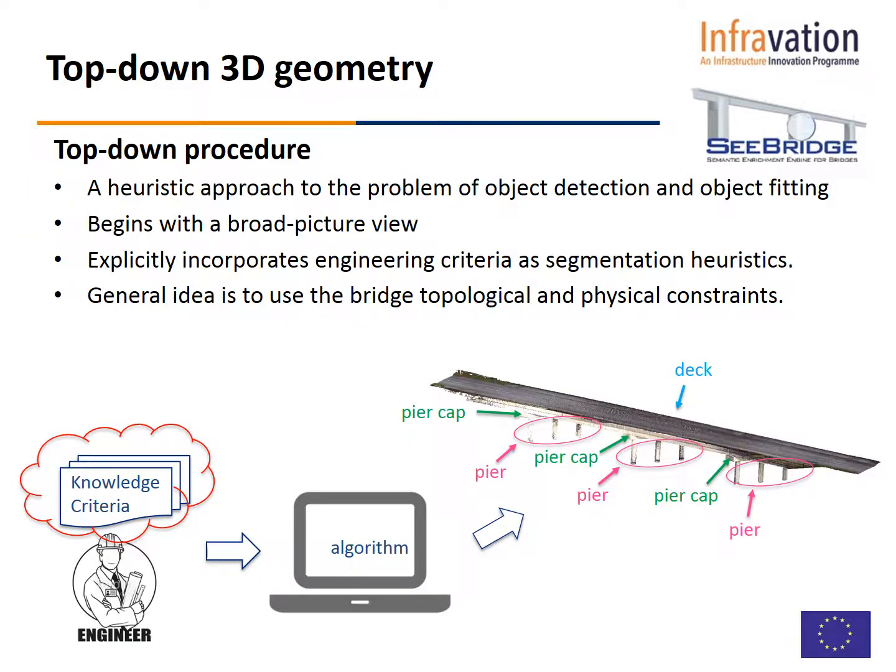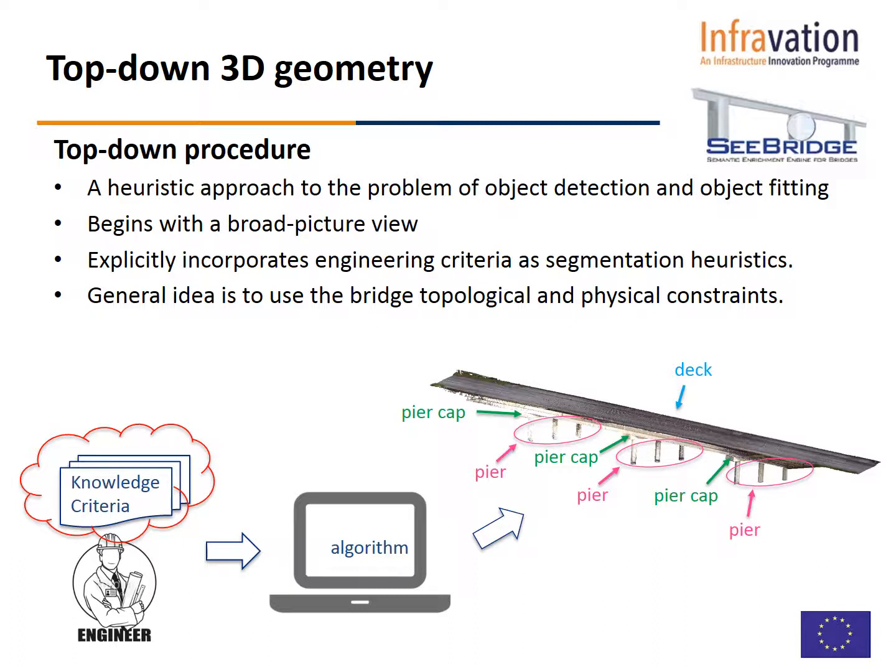Top-down approaches often require some kind of knowledge or heuristic in order to create the algorithm. The nice thing about bridges is that they're often designed using architectural or engineering design criteria. We can take those design criteria and embed them into the heuristic approaches associated with the algorithm.